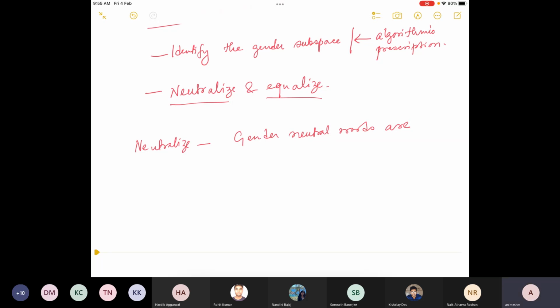The gender neutral words should be ideally 0 in the what?